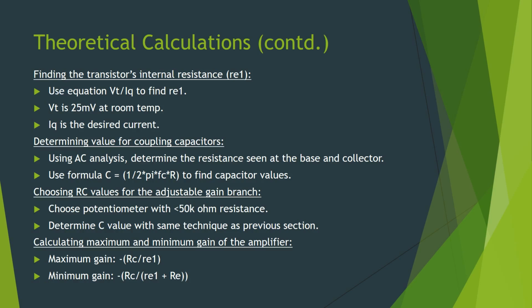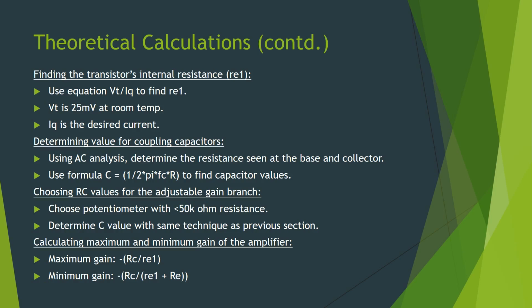Next we're moving on to the gain of the amplifier. To calculate the maximum gain, we divide the collector resistor by Re prime, because when the gain resistor is at its minimum value, we're pretty much just going to be seeing Re prime. So RC divided by Re prime, in this case, gives us a gain of negative 400 or 52 decibels.